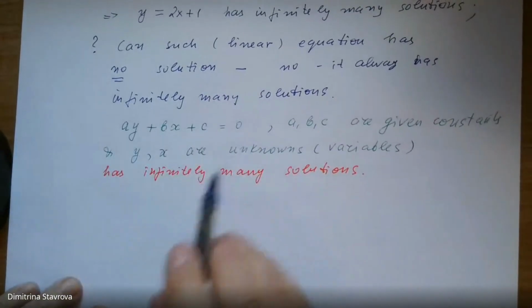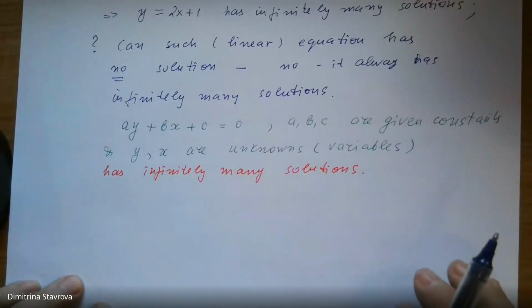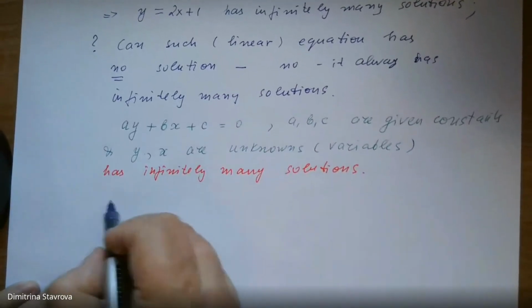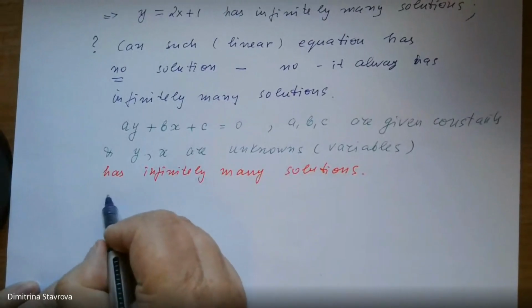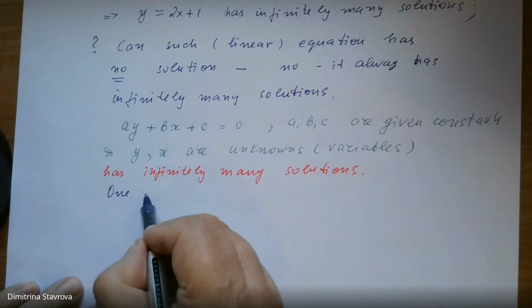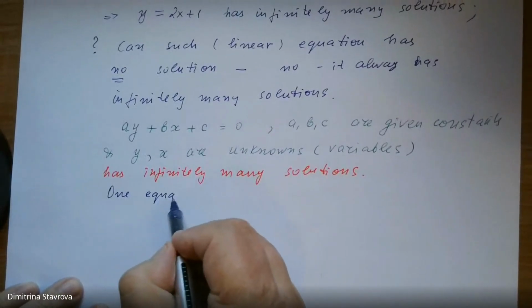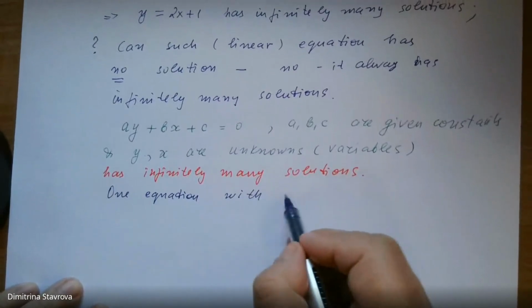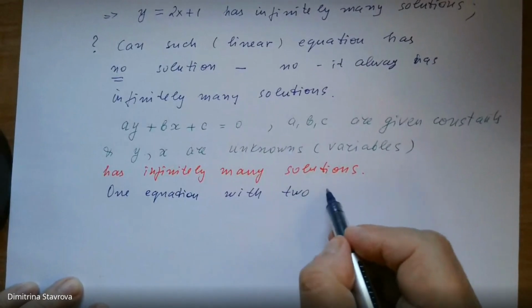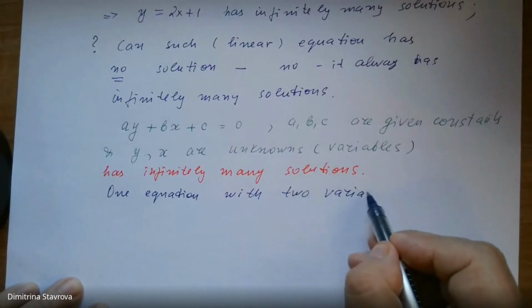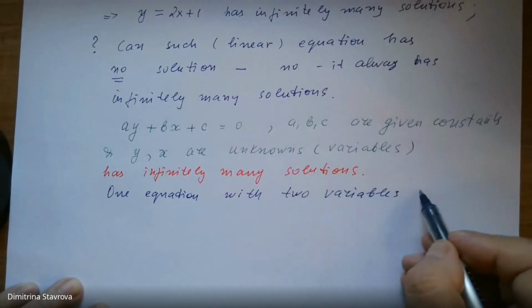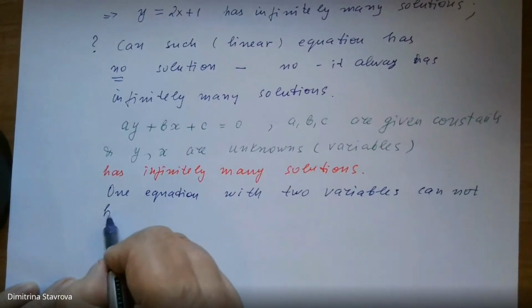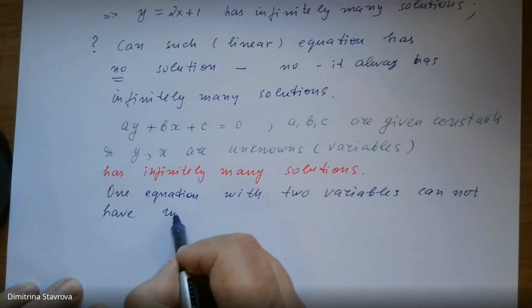That is why, from this little analysis, we can conclude that one equation with two variables cannot have a unique solution.